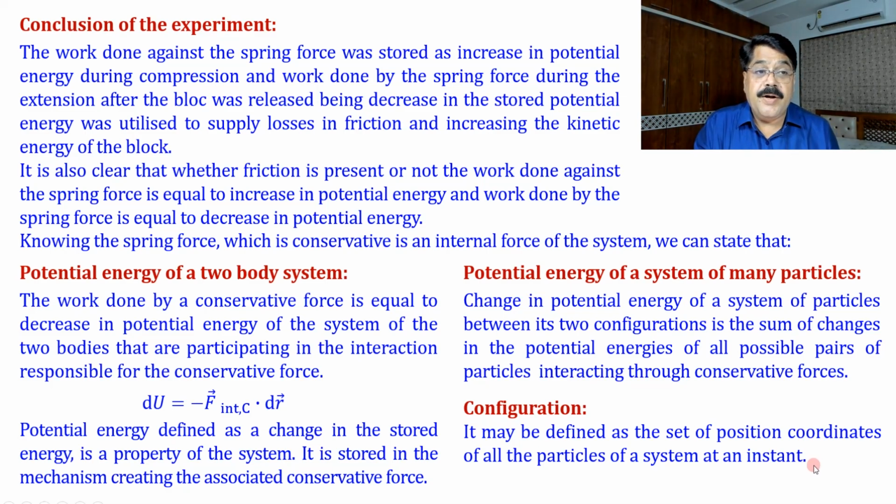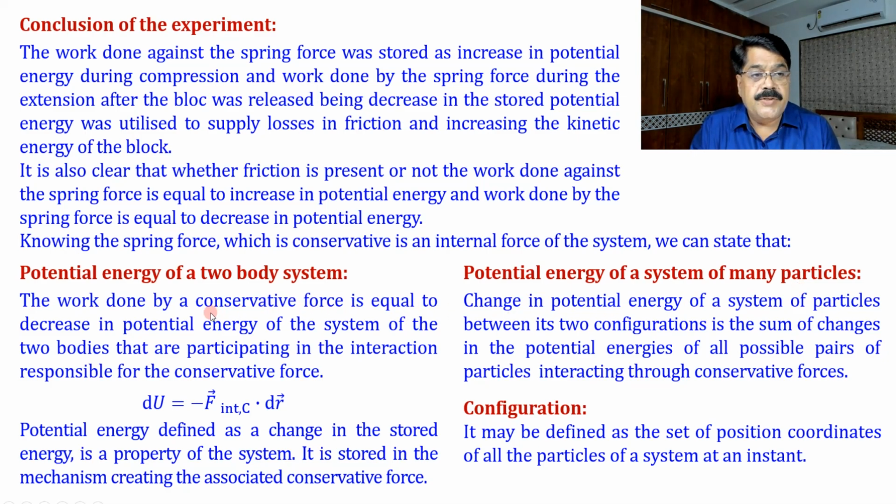If the position coordinate of any of the particles changes, we'll say the configuration of the system is changing. And if there are internal conservative forces, potential energy will change. So that was the idea behind potential energy of a two particle system and potential energy of a many particle system. I'm summarizing things.